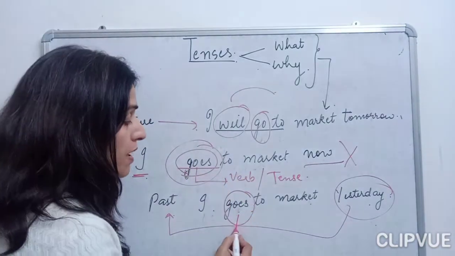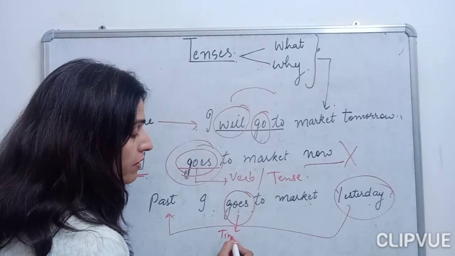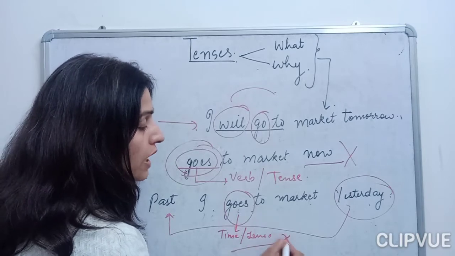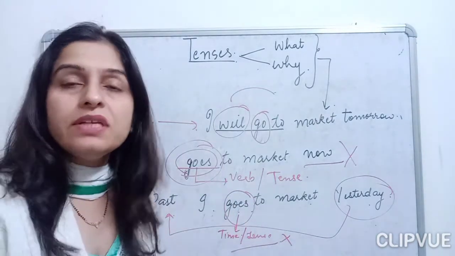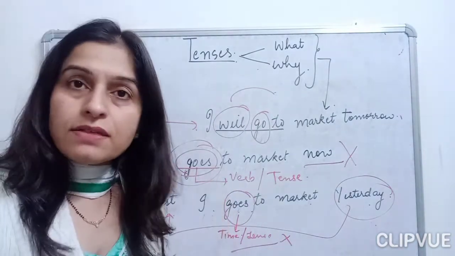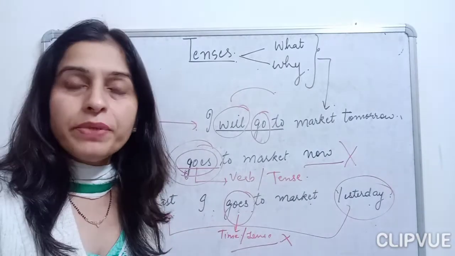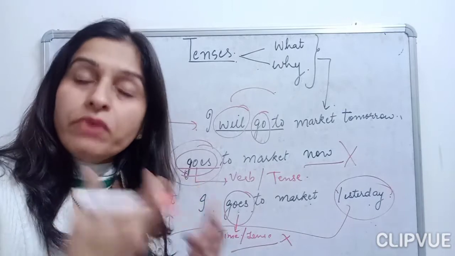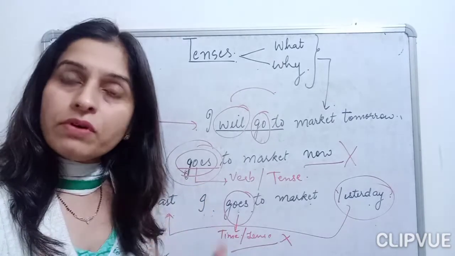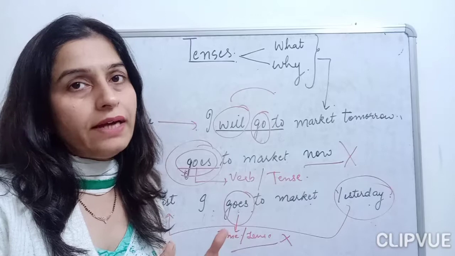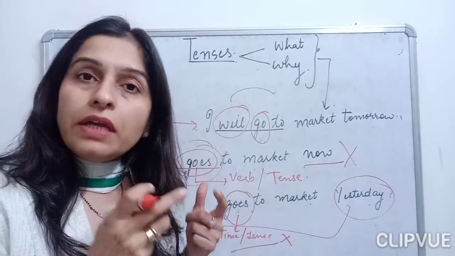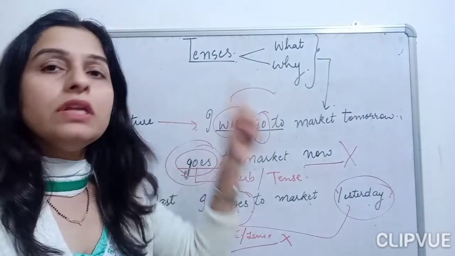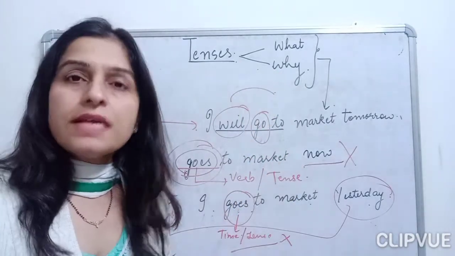So it means the time of the action and my tense are both not going with each other. And that is why, to have a clear picture of our tense, what we want to do and the verb that we use for that should be according to each other. And that is why we need to study about the tenses.